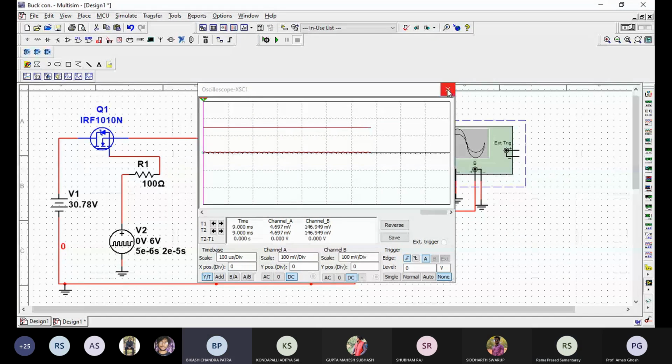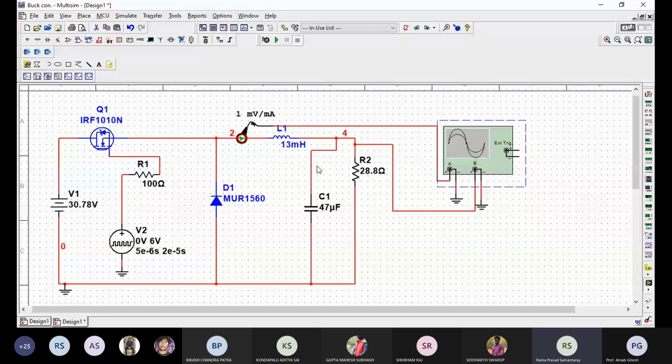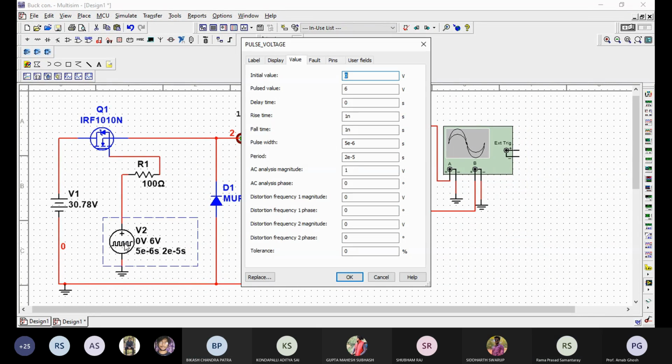Sir, what is the pulse width you have given? You have to trace it; I have given it in my circuit. You have to check the pulse width, which is in the square wave generator.